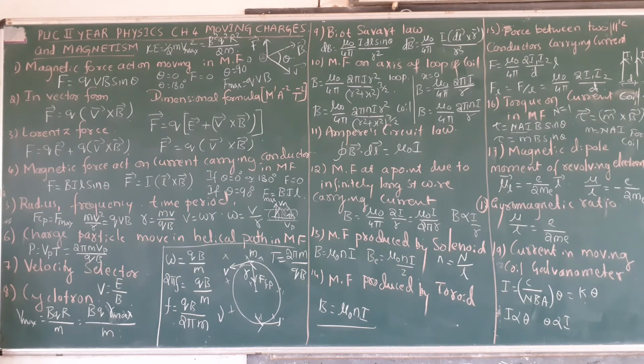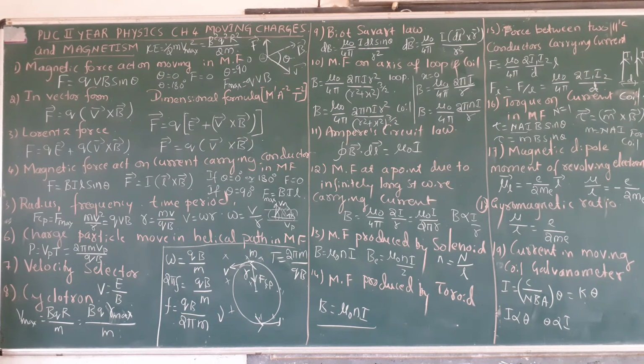This is the moving coil galvanometer. This moving coil galvanometer concept is very important, because the moving coil galvanometer is the basic meter which is used to measure the strength of the current in the circuit and also the direction of the current.